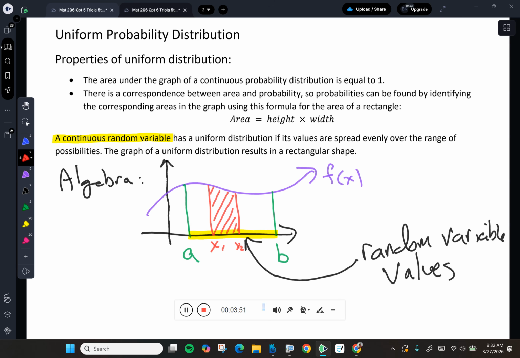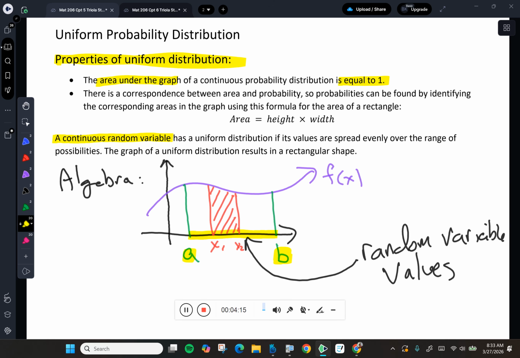All right, so the properties that are going to be required for these distributions are going to be that the area under the curve, the area under the graph, has to add up to 1. So from somewhere to somewhere, from some a starting value to some b ending value, the total area under the curve must be 1. Okay.